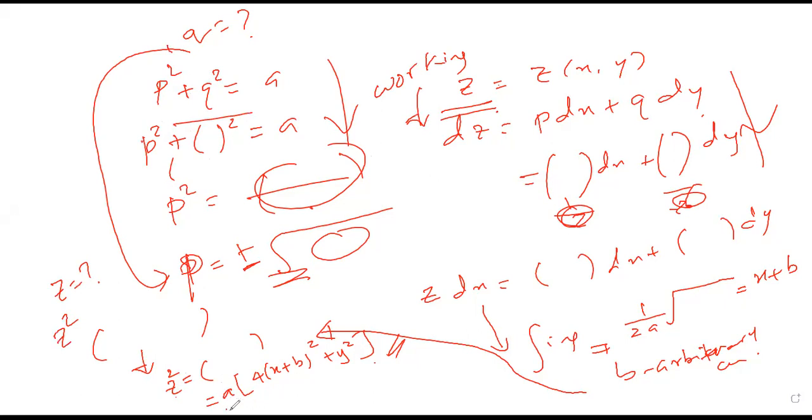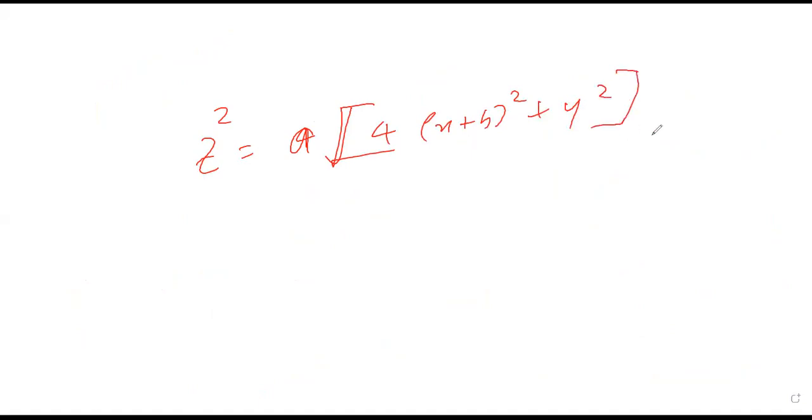Our final answer you should get: z squared is equal to a times 4x plus b whole square plus y square. This is our z square. So check whether you are getting that answer.